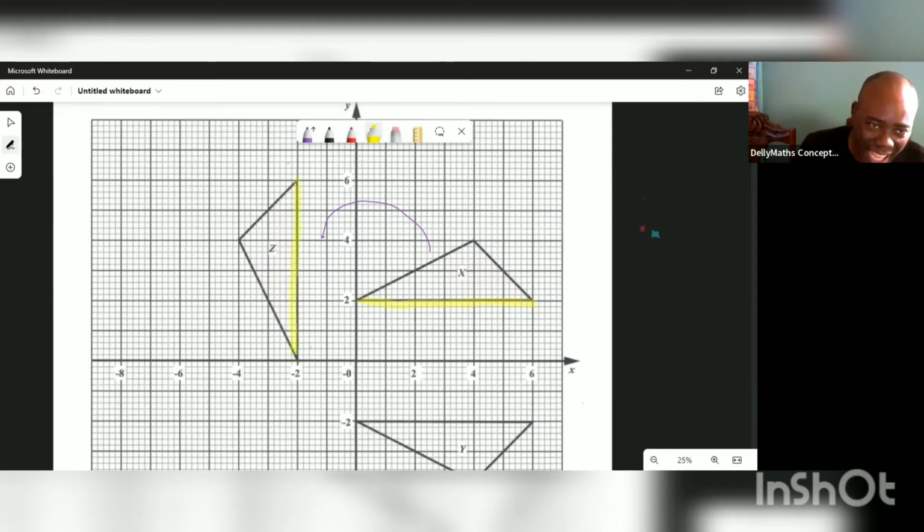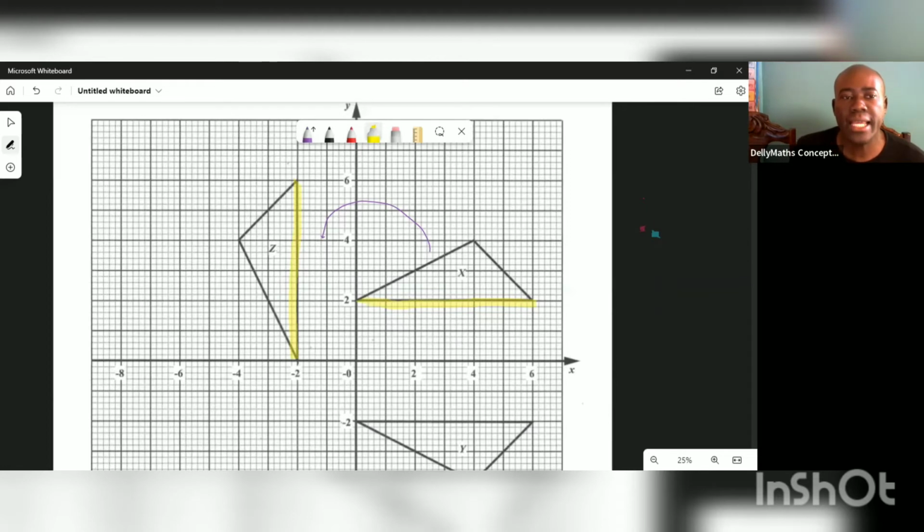So my horizontal line there became vertical. That is something we need to make a note of with every single 90 degree rotation in any direction.